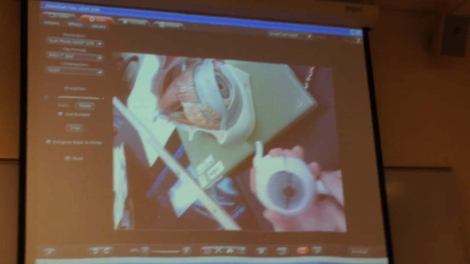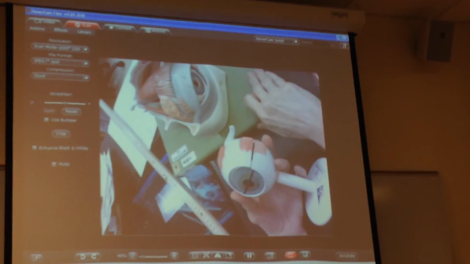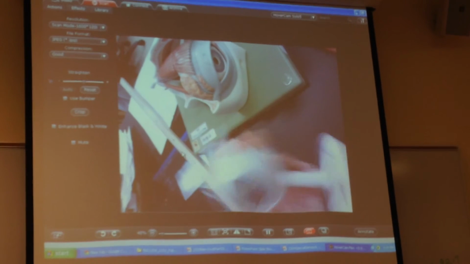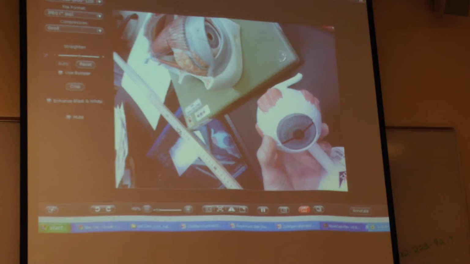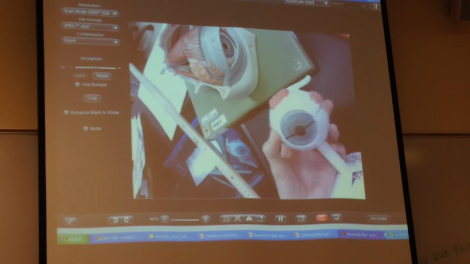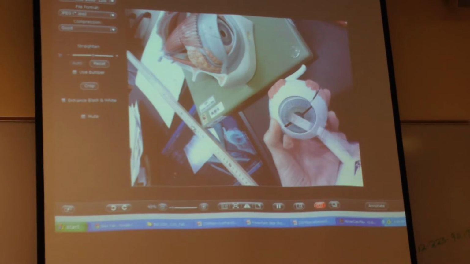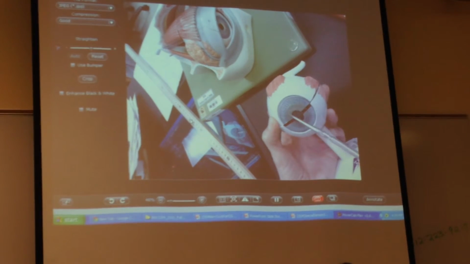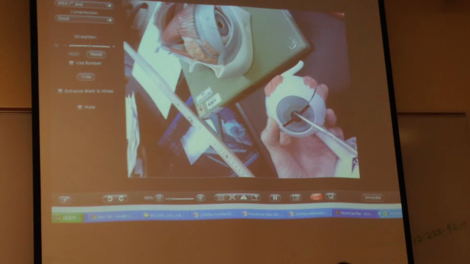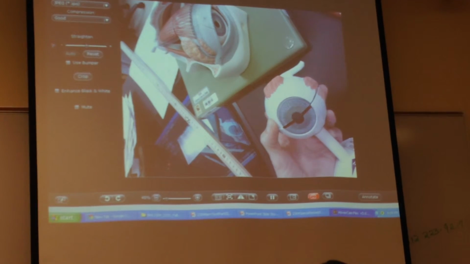So if I point over here to this region, right here, identify this structure right here. The colored part of the eye, iris of the eye. What's the hole in the middle of the iris called?